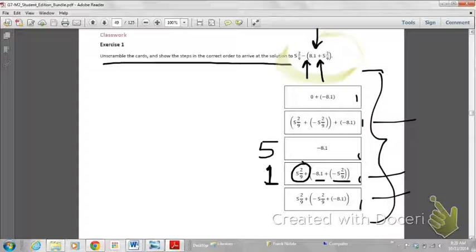The negative symbol in front of the whole parentheses means that both of these expressions, 8.1 and 5 2/9, are negative.